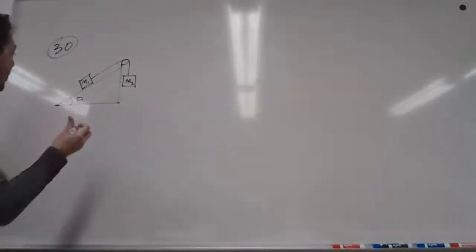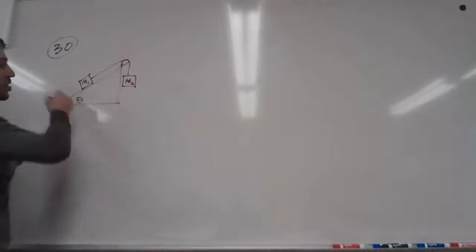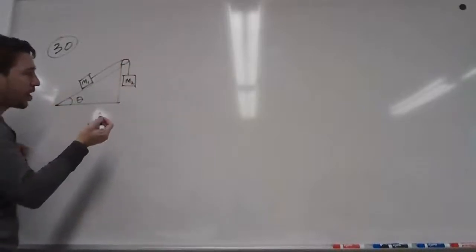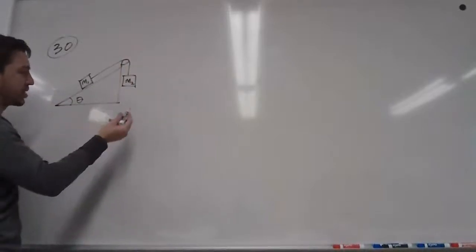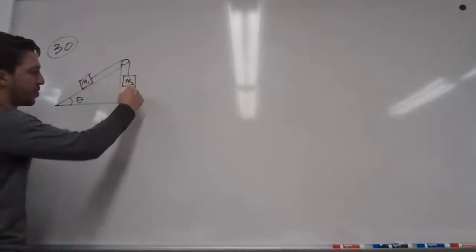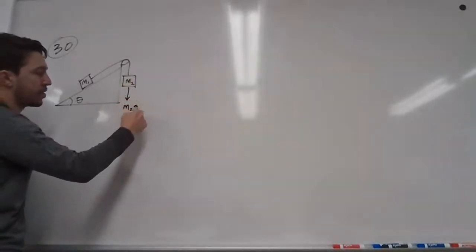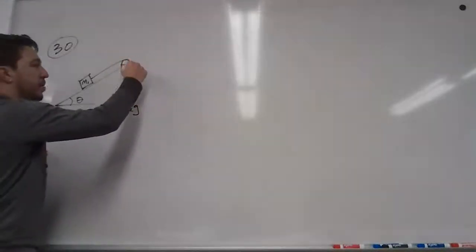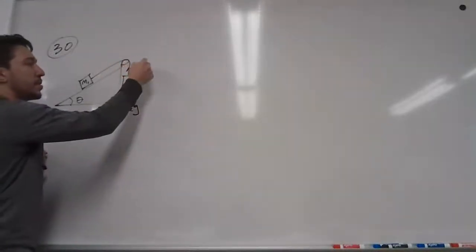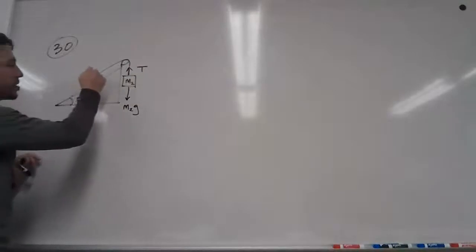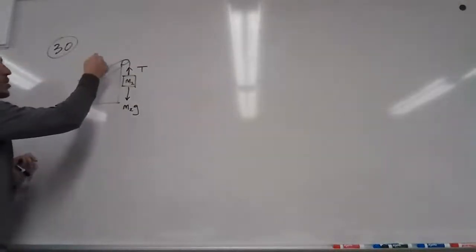Very good. Okay, so look at this system. What's the system of equations? So how much force is there pulling this thing down? M2G. Okay, how much is pulling it up? Some tension. We don't know the tension yet. How about this one? Tension.